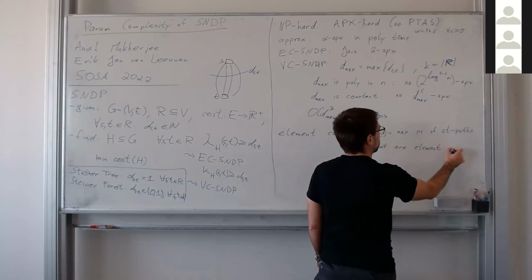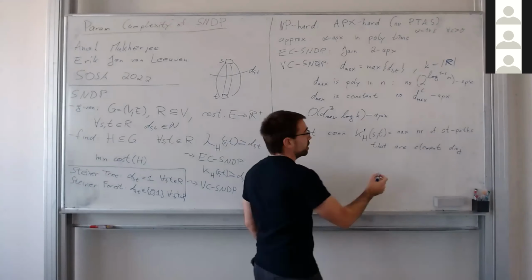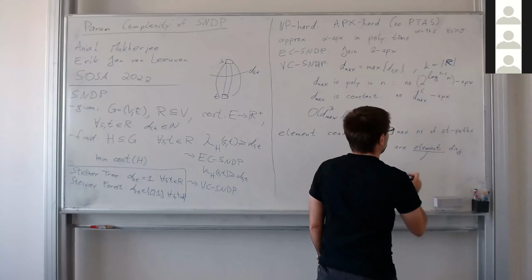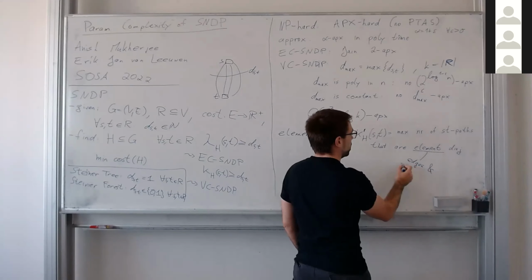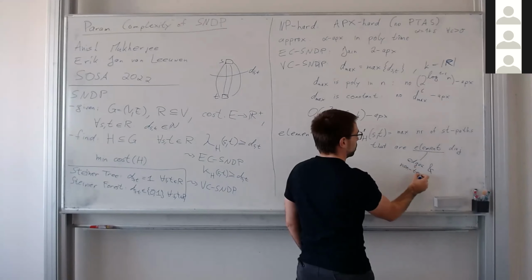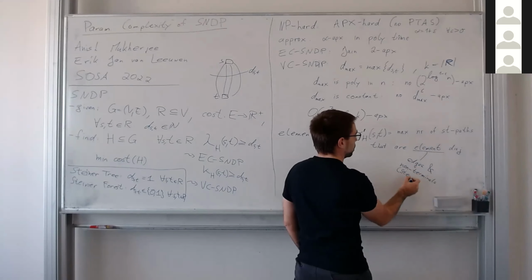So, element disjoint. And okay, what are the elements? The elements are the edges and the non-terminals, which I also call Steiner vertices.